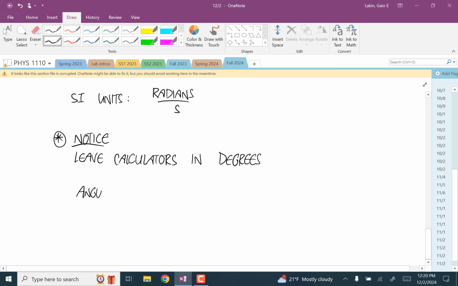Angular velocity can be broken into a magnitude and a direction.